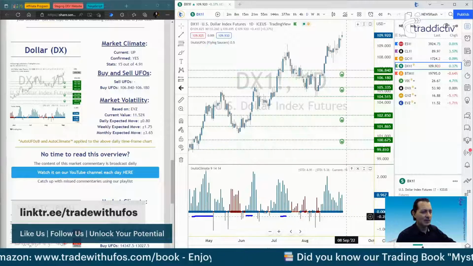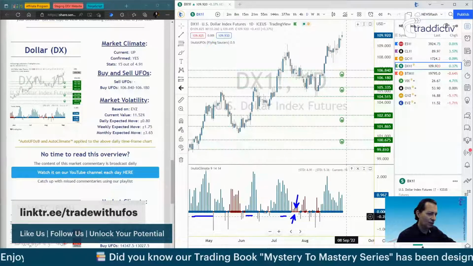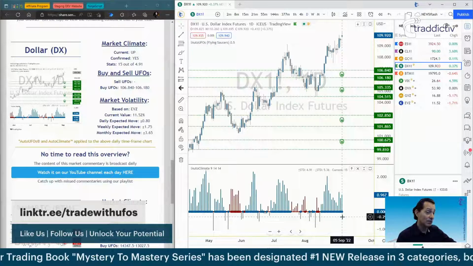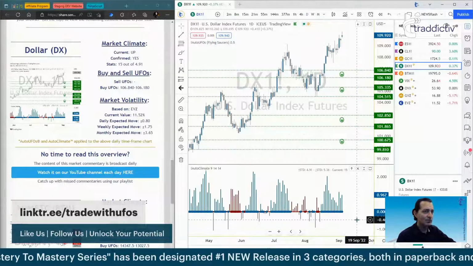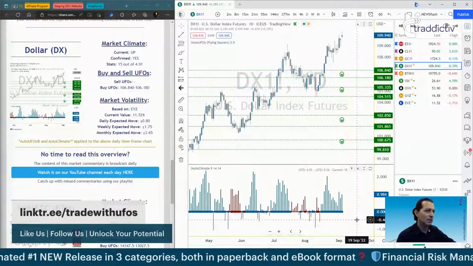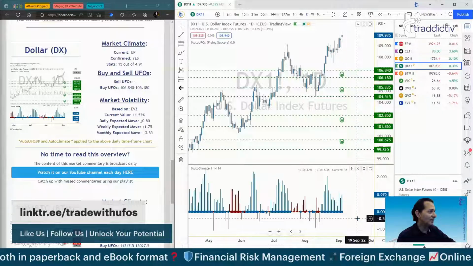But the fact that some of the red climates lasted less than expected, or were not even confirmed, like this one, and the blue climate are lasting more than what statistics suggest as a normal thing to happen, this is telling you how strong the dollar index is at this moment in time in 2022. And that's why S&Ps are down.